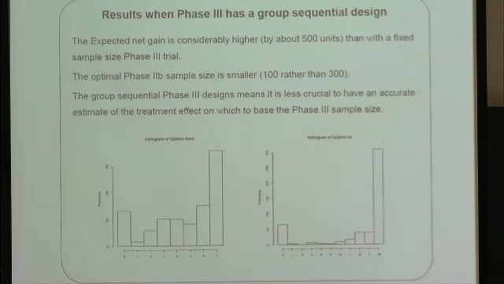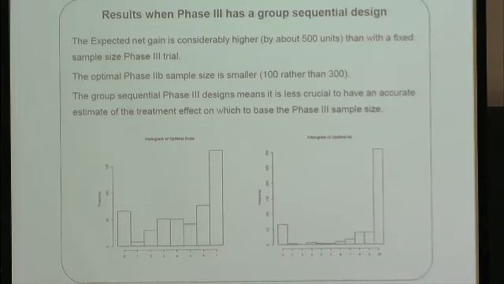And what's going on? The chosen dose and the chosen sample size have changed dramatically. We've got more at the highest dose, and we've lost a lot of the situations where we didn't have a phase 3 at all. And we've got lots of high maximal sample sizes in phase 3.